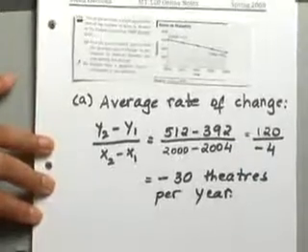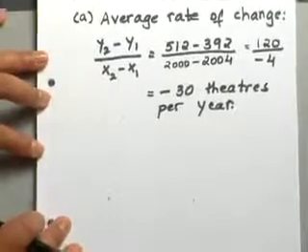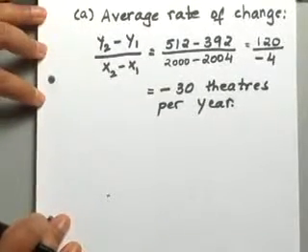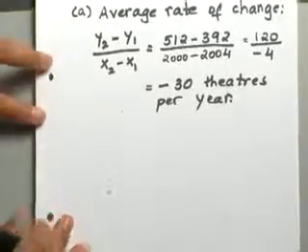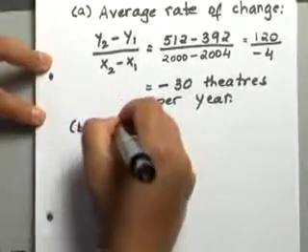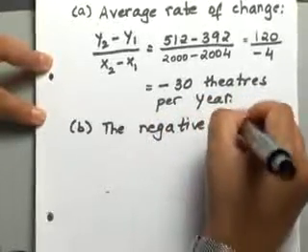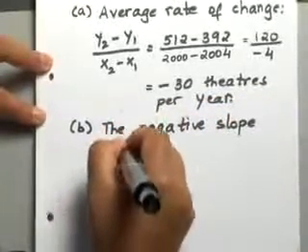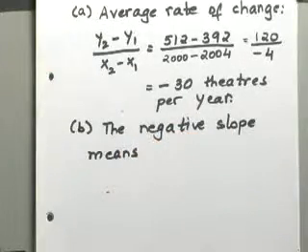So what exactly does that mean when we say negative 30 theaters per year? That's what part B asks: to explain how a negative slope is interpreted in this situation. What the negative slope here means is that the number of drive-in theaters has decreased on average by 30 per year.